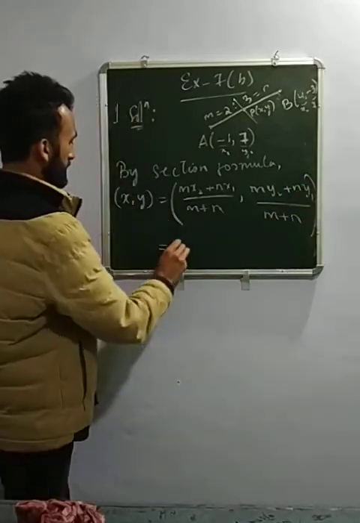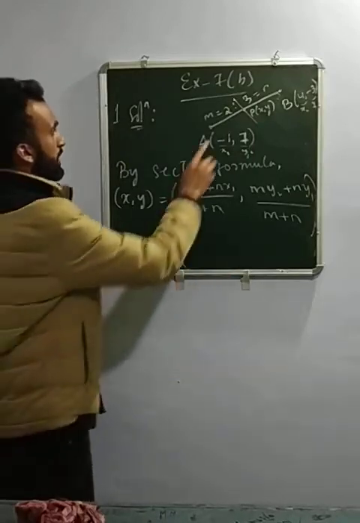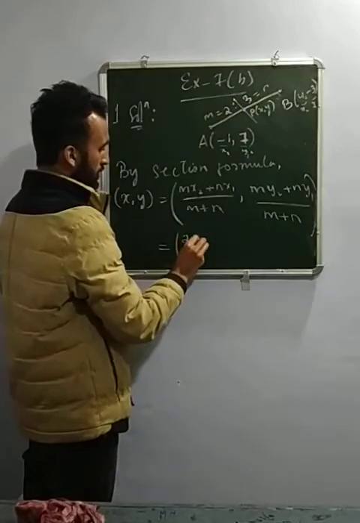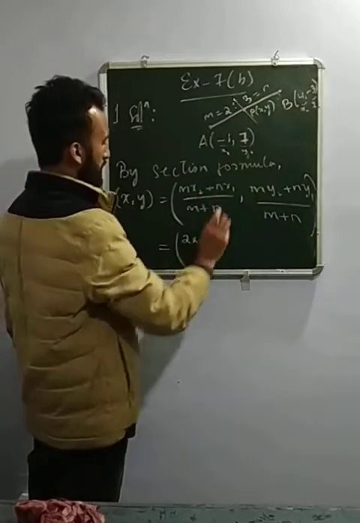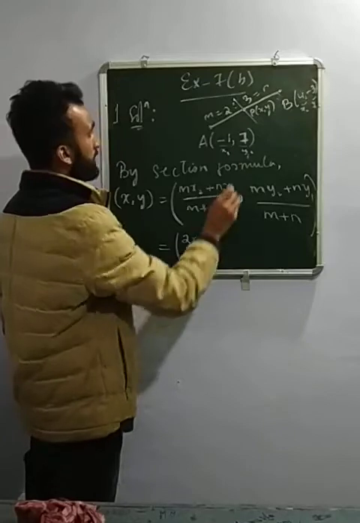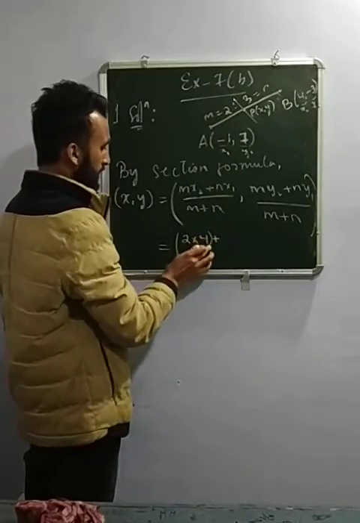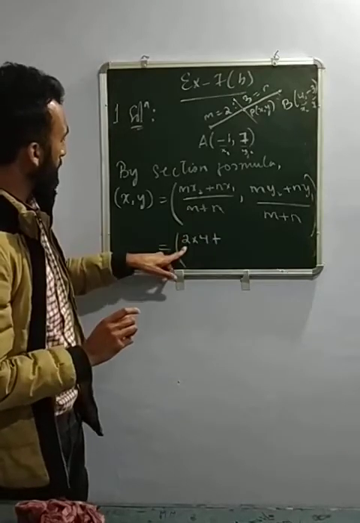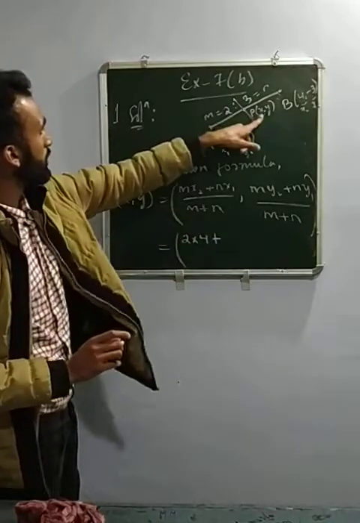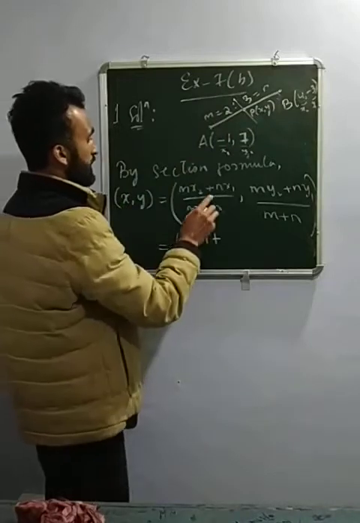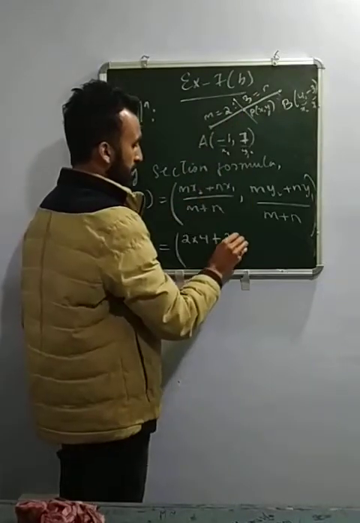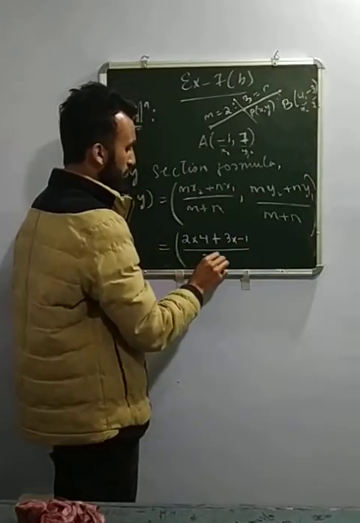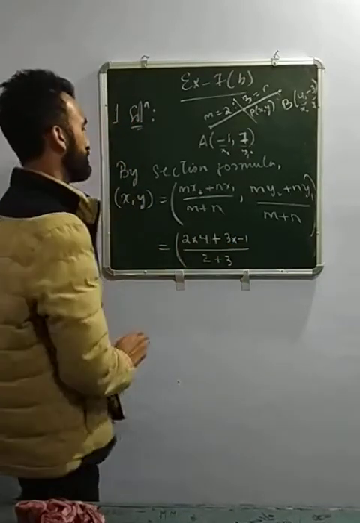I am going to replace m by 2, n by 3. m is 2, x2 is 4, plus n is 3 and x1 value is minus 1, divided by 2 plus 3, because m plus n.